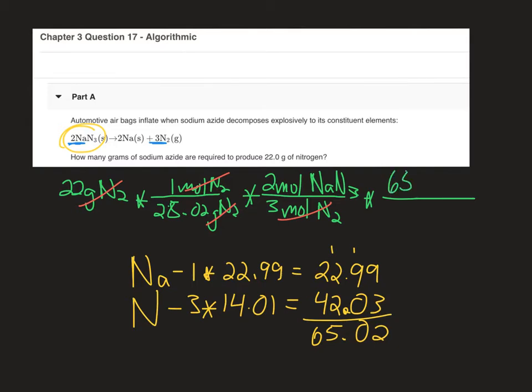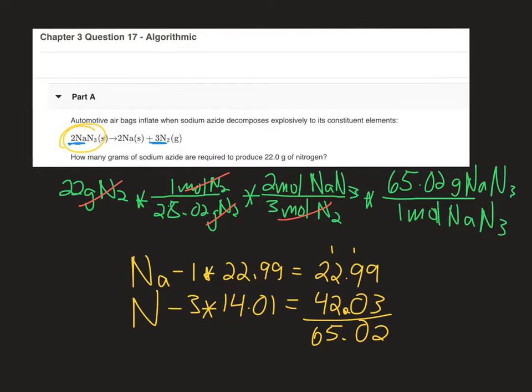Then I need to multiply grams per mole of my sodium azide, mole of sodium azide. I then plug those into my calculator, which I'm actually going to grab now.